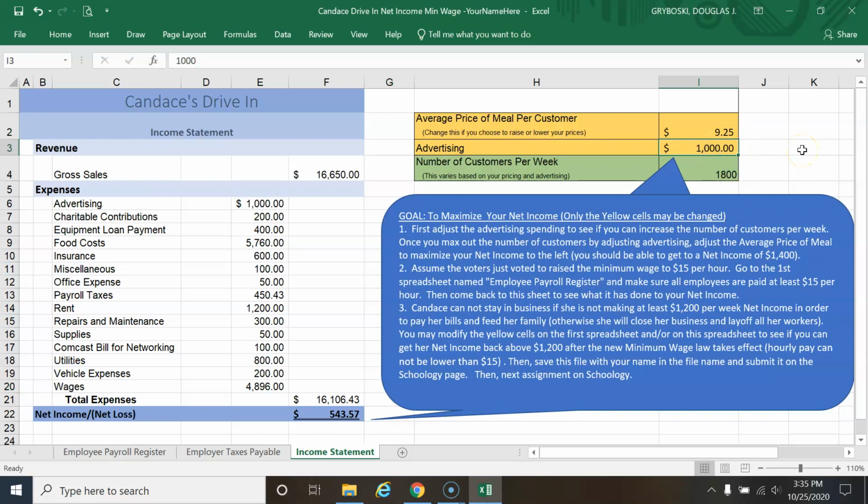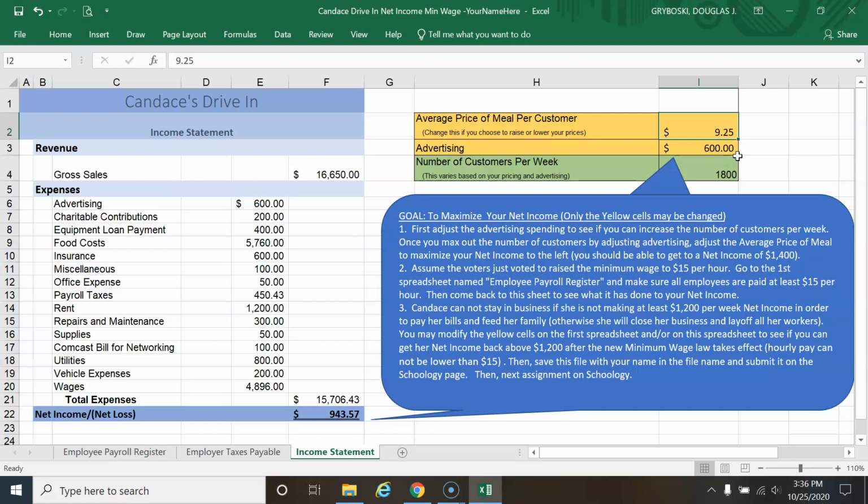And so what I want you guys to do is adjust this number until this number is the highest, but spend as little as you can. You see how it didn't change from 1,000 down to 600, still 1,800 customers? That's because of diminishing returns. At some point, you've saturated the market, and everybody knows about your restaurant, and no matter how much more you spend, more people won't come in just because they don't like that type of food.